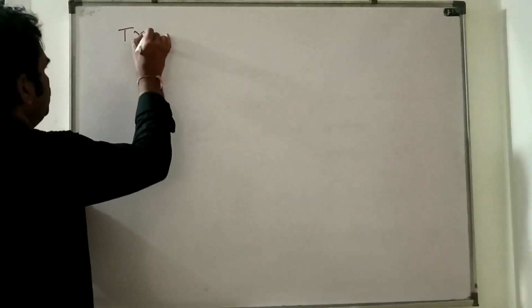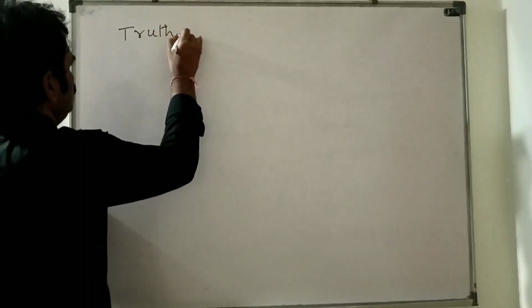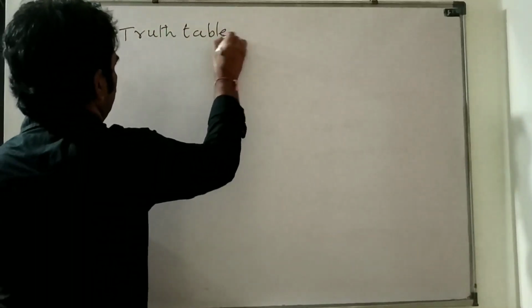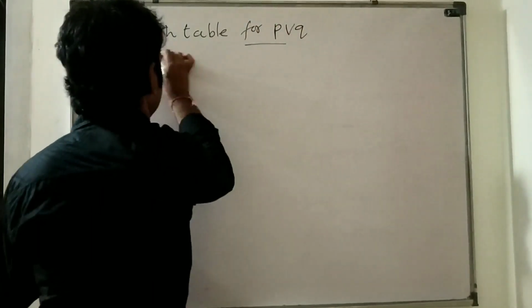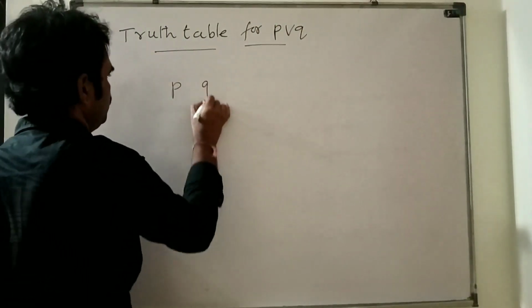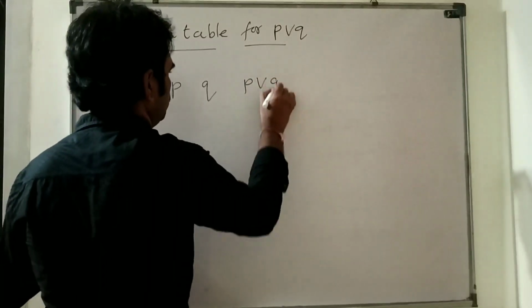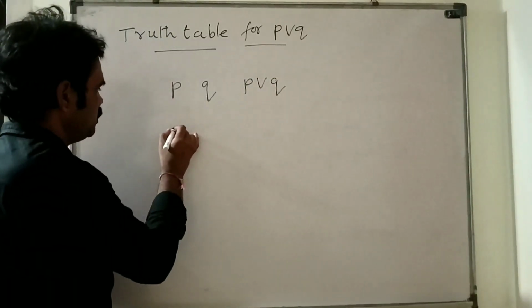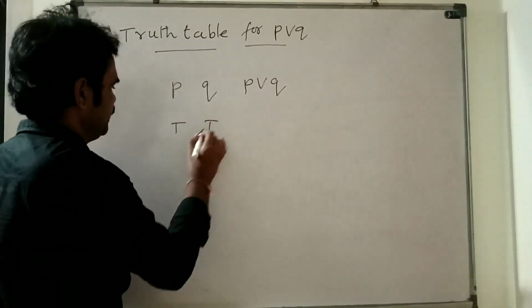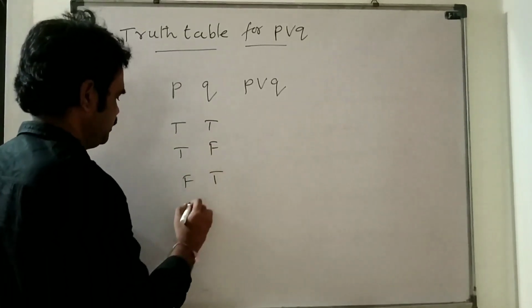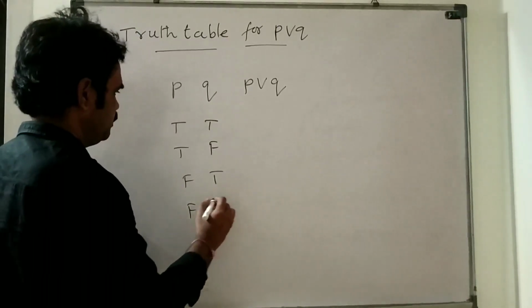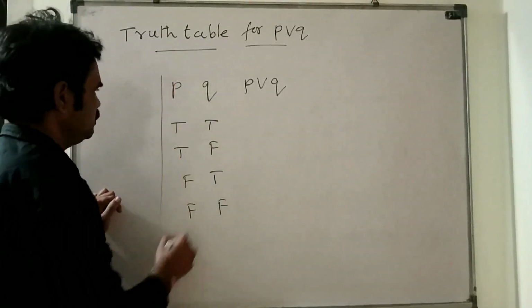See the truth table for disjunction. Truth table for disjunction is P, Q, P ∨ Q. Write the possible truth values of P, Q: TT, TF, FT, FF.